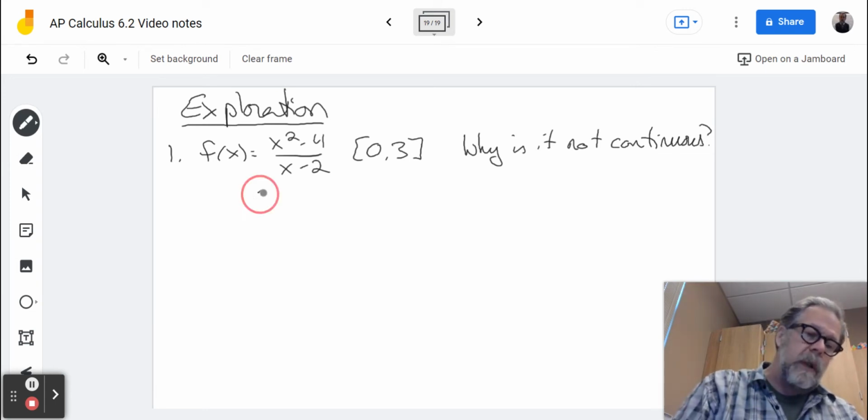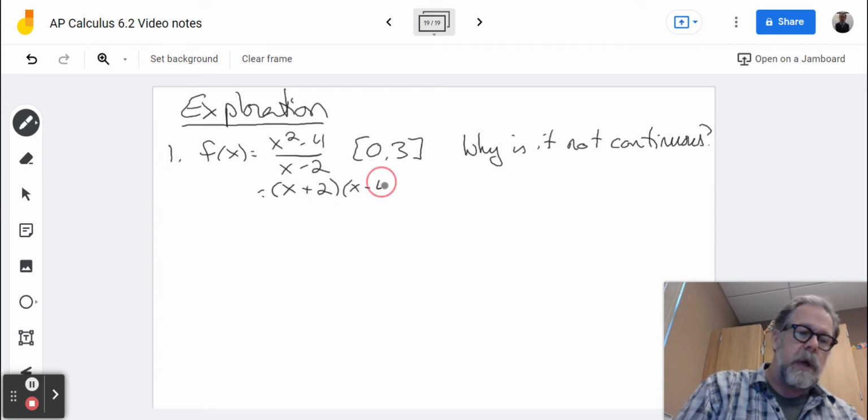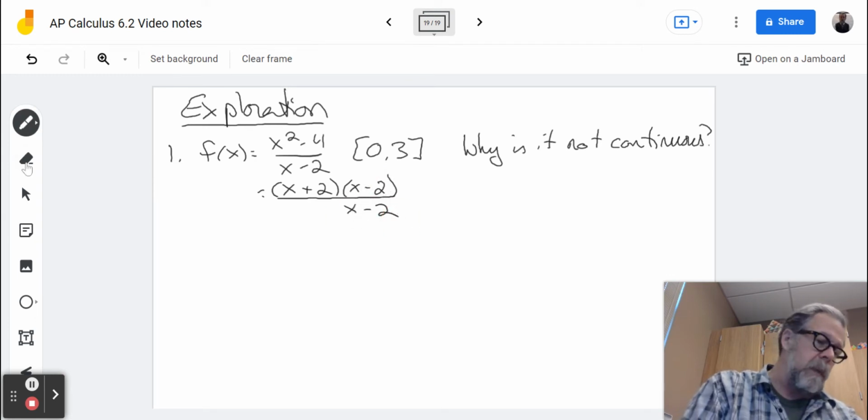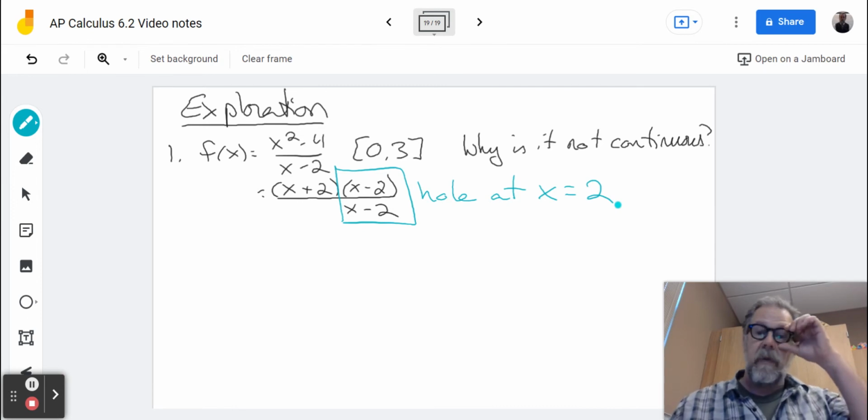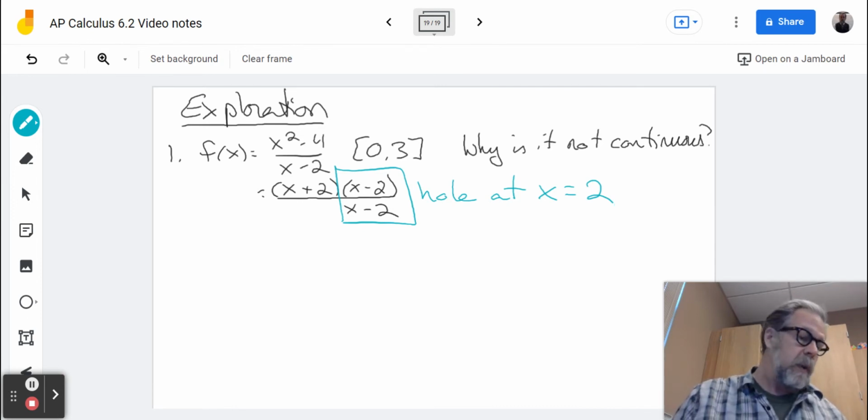If I look at this function, what I see is that that's a perfect square on top. And you're all thinking, no, that's not it at all. Of course not, it's x squared minus 4, which factors into x plus 2 times x minus 2, and an x minus 2 on the bottom, and of course we know that that thing right there is a hole in the graph at x equals 2, which means that we have a removable discontinuity.